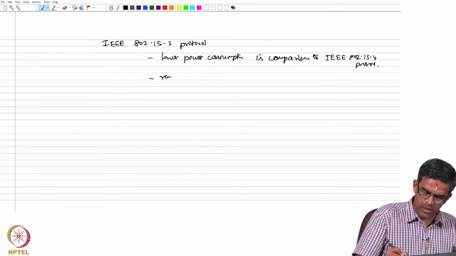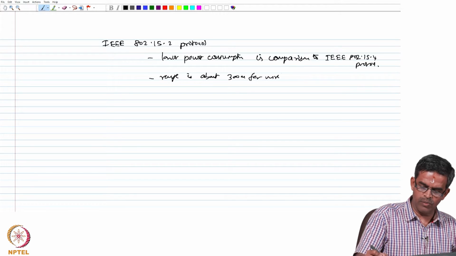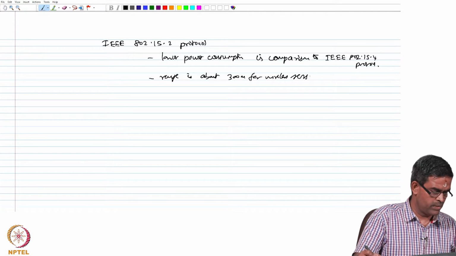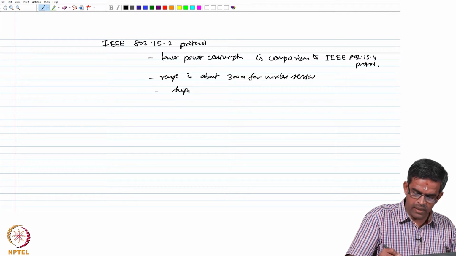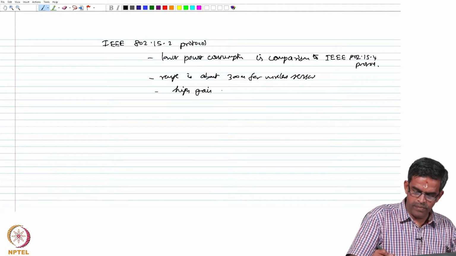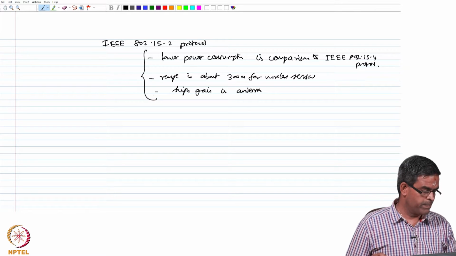The range is about 300 meters for the wireless sensors to be connected, and there is a high gain in antenna signal. So, these are the positive points you can look for this particular protocol.